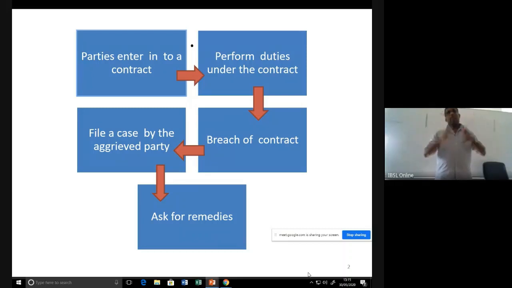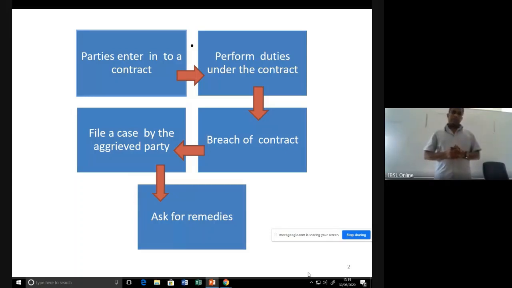Now think about a marriage. A man and a woman enter into a marriage contract. After entering into the contract, the man has duties towards his wife. The wife has duties towards her husband. So this is a 2-party contract, and both parties have to perform their duties under the contract.